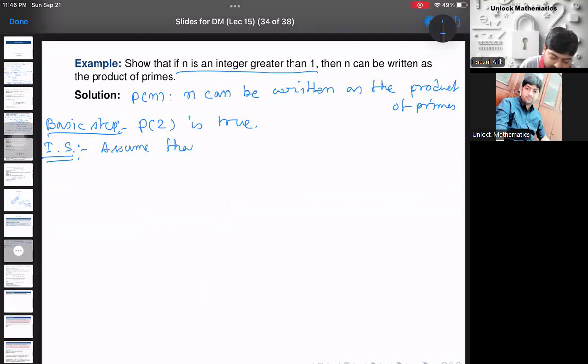Assume that Pj is true for 2 less than or equal to j less than or equal to k, for some integer k greater than or equal to 2. So P2, P3, P4 up to Pk are all true. That's our assumption. You have to prove that Pk plus 1 is also true. Now what is Pk plus 1? It means you have to prove that k plus 1 can be written as a product of primes.